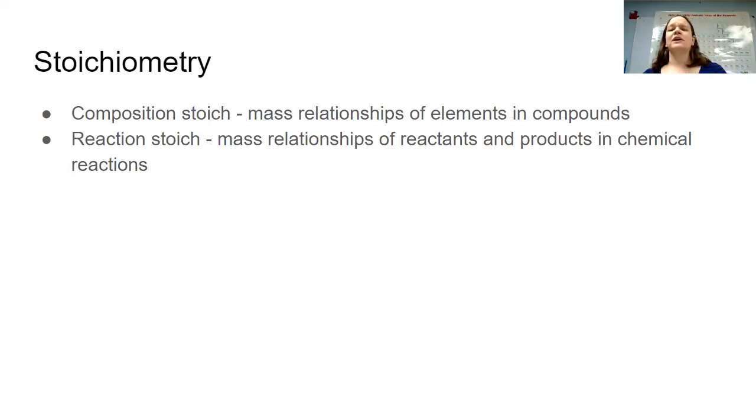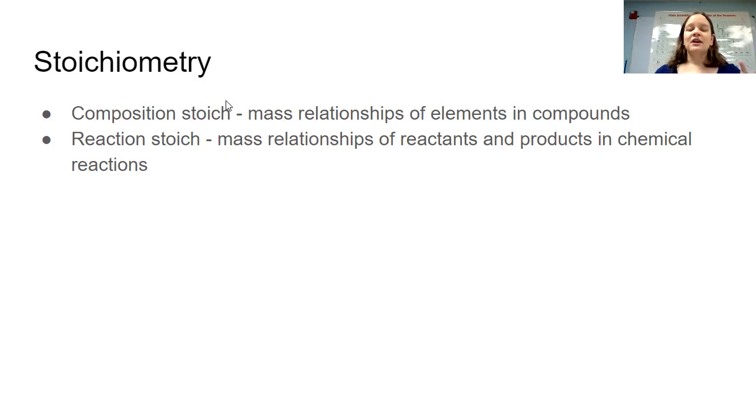All right, there are two types of stoichiometry. A lot of times you'll see people abbreviate it, even when they're talking, and call it just stoic, because nobody wants to say stoichiometry all the time. So there are two forms: composition and reaction.